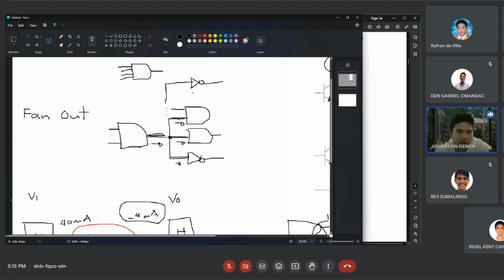So atong concern of current entering o exit sa Kirchhoff's. Kung unsa ang mosuod nga current, same ra sad siya ang gagawas niya.